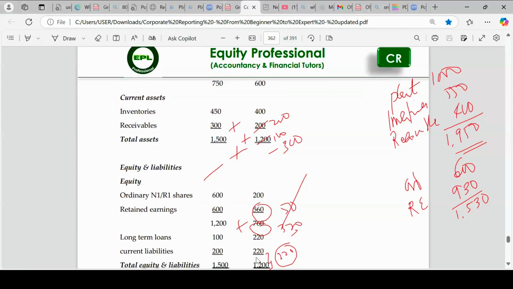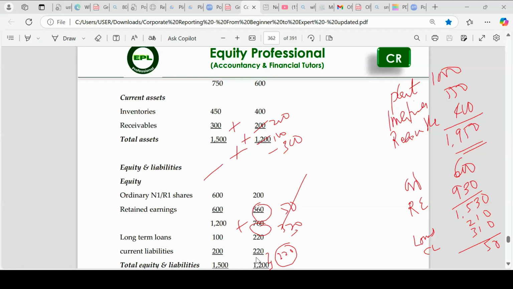Long term loans, 110 plus 100. That should give me 210. All right. And then 110 plus 200, that should give me 310.